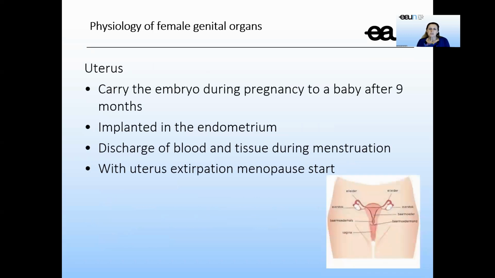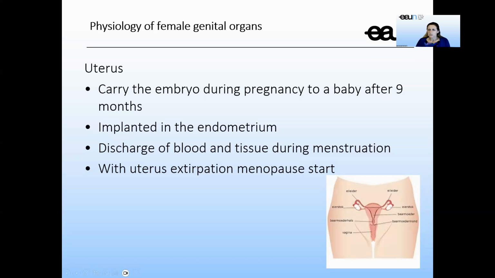And the uterus is of course the part where the baby is carried and developing. It starts within the wall at one side of the uterus, and there it will develop with a placenta, of course, and everything belonging to that. And as you know, after about 9 months, the baby is completely developed and can be born.